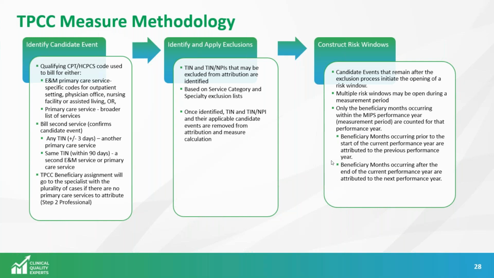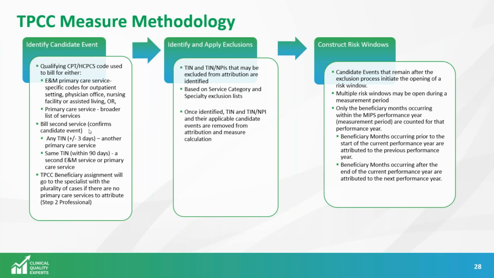For the cost category methodology, this is where CMS tries to make apples, oranges, kiwis, raspberries, and watermelons all equal for mathematical and comparison purposes. So we're going to review the TPCC. The purpose, if you remember, is to assess the overall cost of care delivered to a Medicare patient with a focus on primary care received. So we see here that we start off with identifying the candidate event.